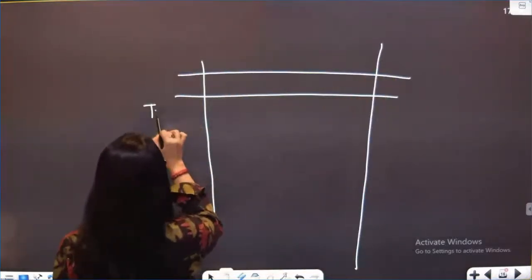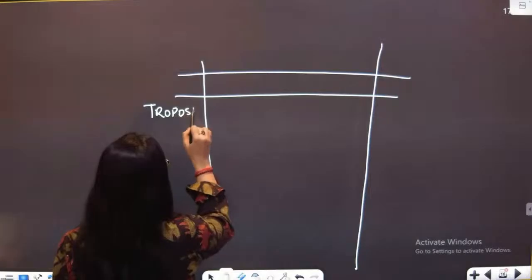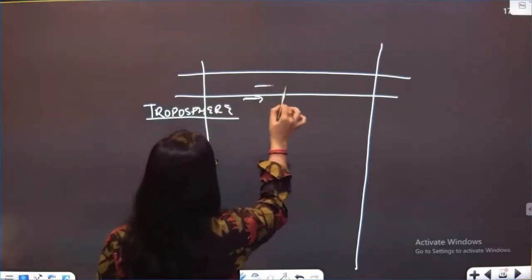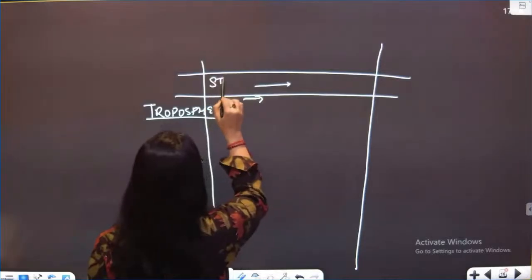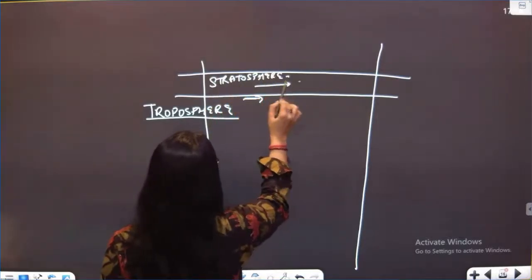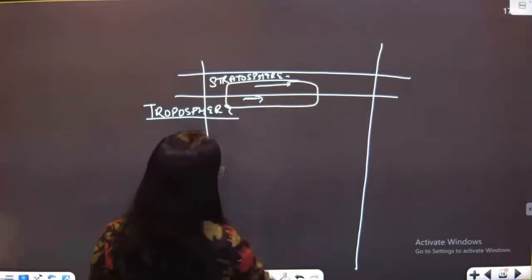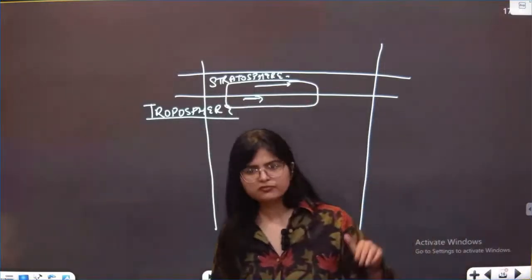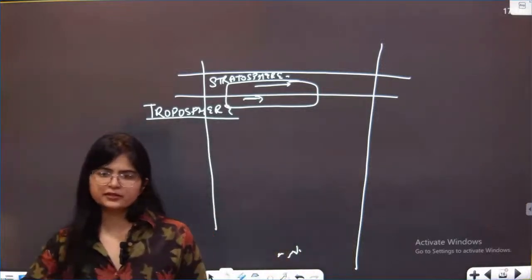So this is the troposphere. This is a flight. This is the stratosphere. This is a jet stream. So how safe is it for them to fly in the jet streams?